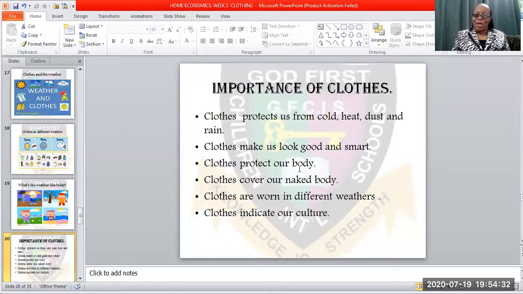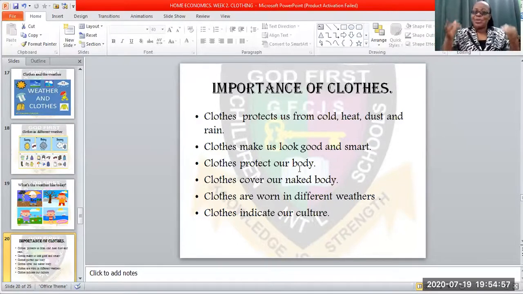Now, clothes protect our body. It protects our body from insect bites or from any kind of insect, so that they don't perch on us. We wear clothes also to prevent bites from any kind of insect. Mosquitoes have no respect. They can bite anybody, they can perch on anybody, they can do what they like doing best.